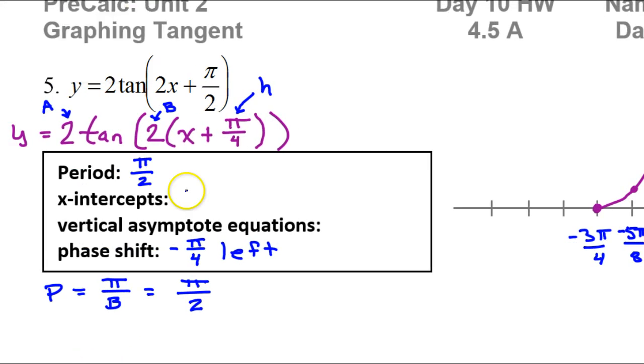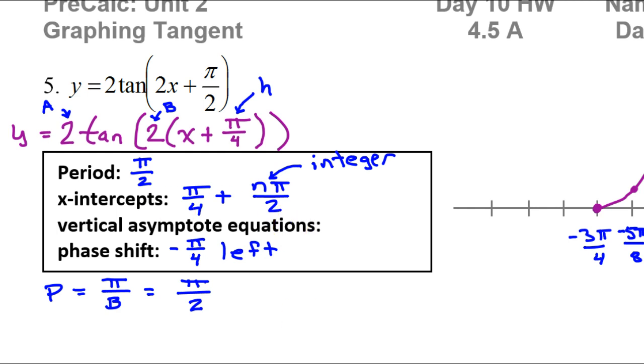So I start with x-intercept of pi over 4, and then because it happens once every period, I add multiples of the period. So the period is pi over 2, so I'm going to say n pi over 2. And I'll just indicate that n is an integer. Alright, it could be a positive number like 1, 2, 3, or a negative number like -1, -2, or -3.